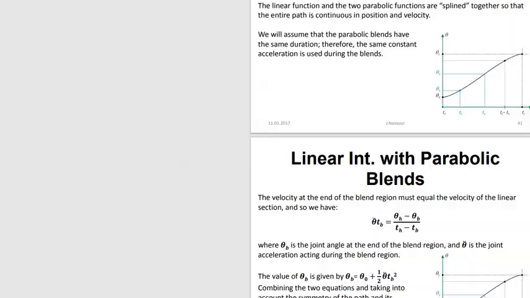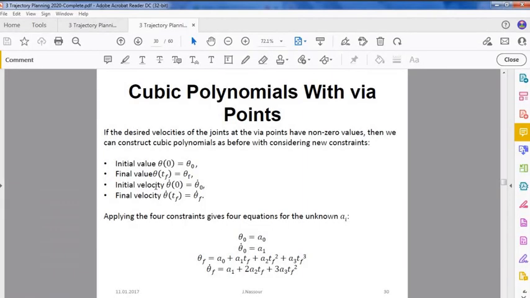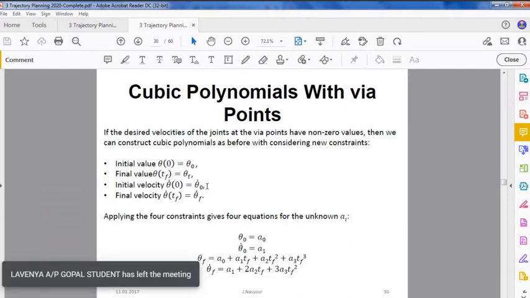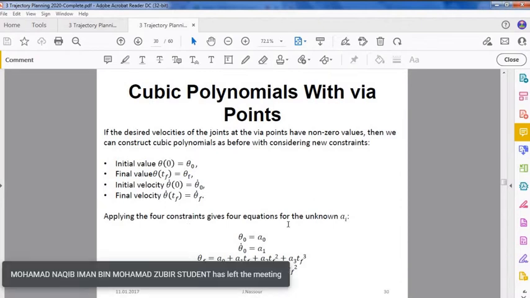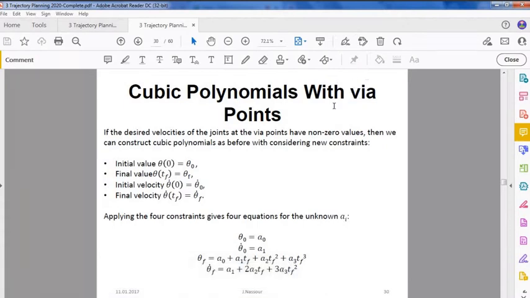So this one we know that the initial velocity should be 0. Applying the 4 constraints gives 4 equations for the unknowns. Okay, this is with via point, with an obstacle.